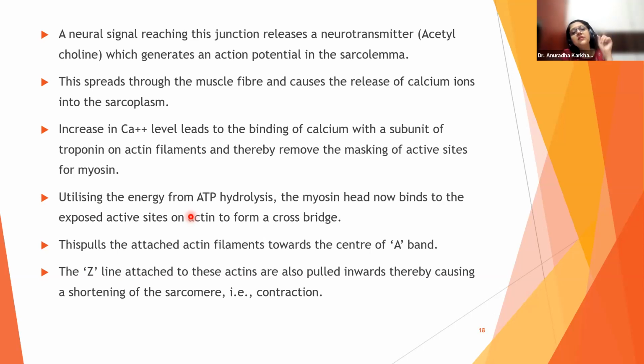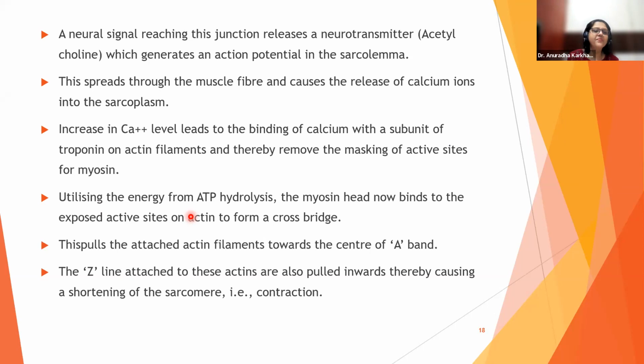It's going to derive its energy by breaking down ATP. So by ATP hydrolysis, energy will be liberated, which will help in binding the myosin with the actin to form a cross bridge. Any difficulty till here? Come on, do let me know if there is any difficulty till here. Bolo beta.